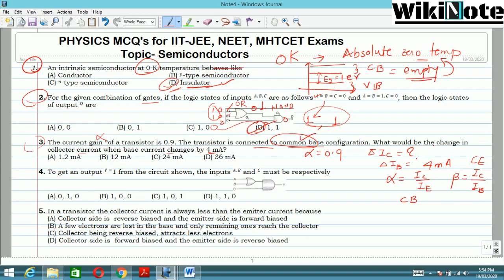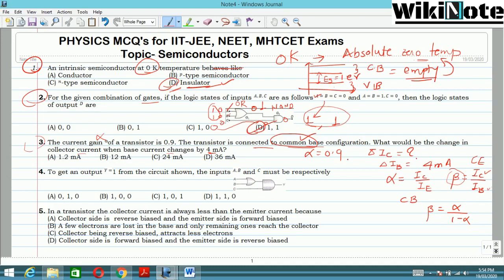But what they have asked is the change in the collector current when the base current changes by 4 milliampere. So actually I should know the value of beta. There must be a relation between beta and alpha, and that relation is beta is equal to alpha upon 1 minus alpha. You have to learn this formula by heart.